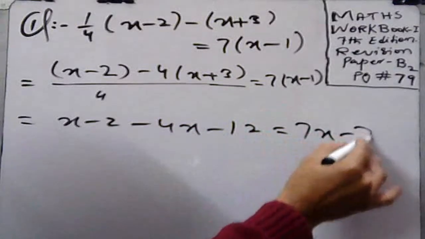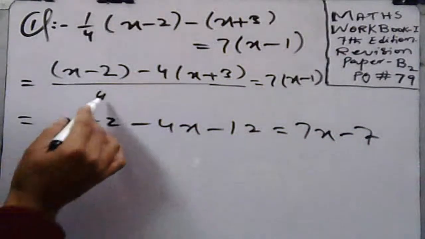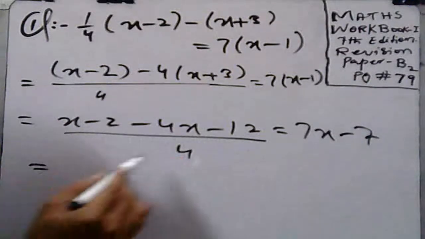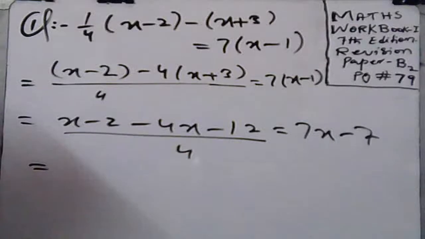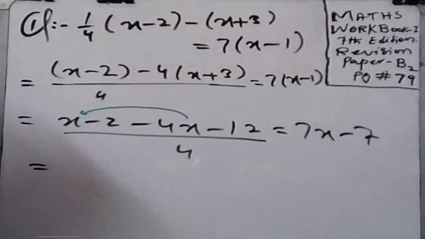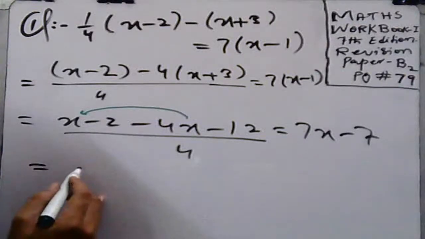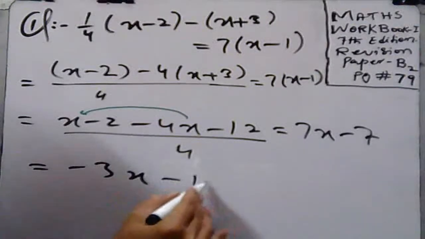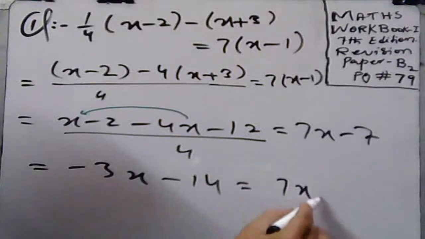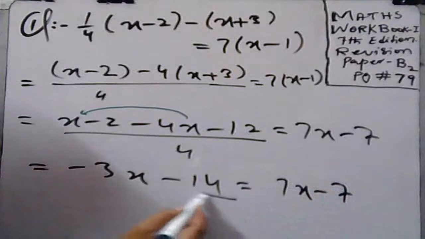is equal to 7x minus 7, divided by 4. After simplification you can see this one is your x and x, so the constant terms should be added, so you will get minus 3x minus 14 is equal to 7x minus 7, divided by 4.